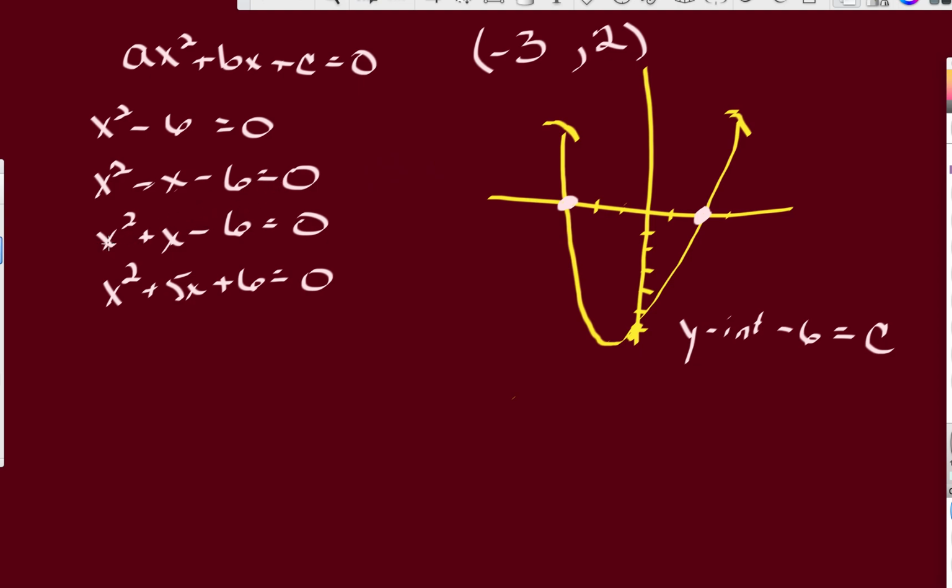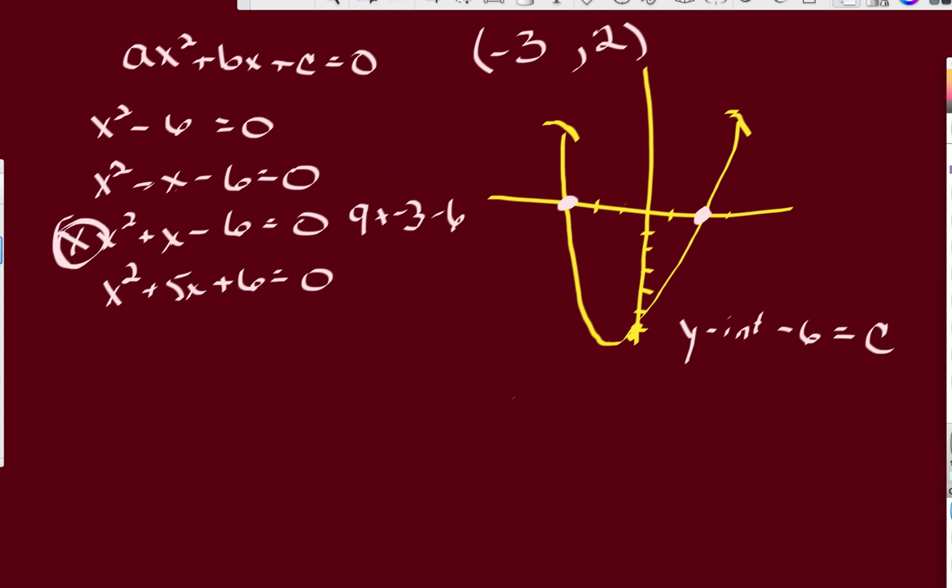All right, and we'll put in -3. So -3 squared, that's 9 again. Plus -3, so plus -3 minus 6. Look at that. -3 minus 6 is -9, 9 and -9, that equals 0. So this is my guy right here.